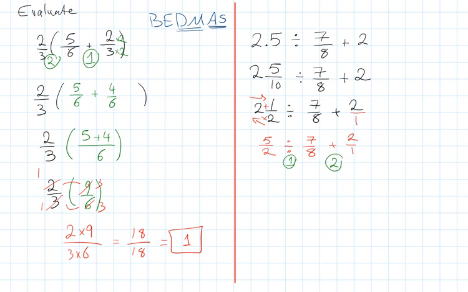We said keep, change, flip, or multiply by the reciprocal. Multiply by the reciprocal doesn't sound like anybody I know how they speak, but it's keep, change, flip. Those are the actions you have to do, which means keep the first fraction, change the operation from division to multiplication, and flip the second fraction.